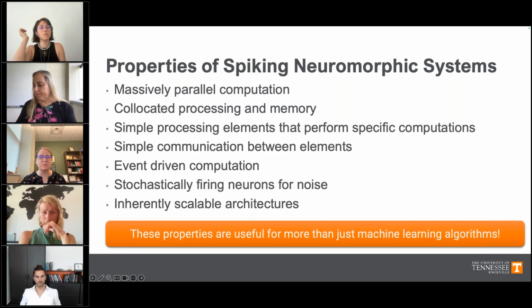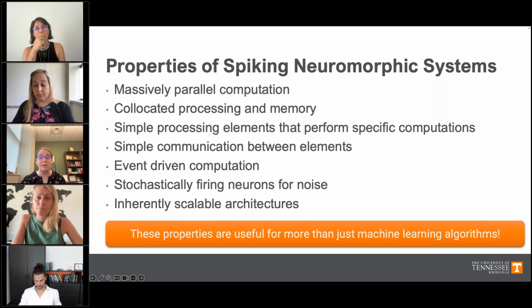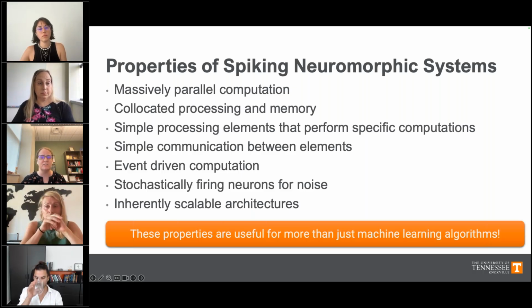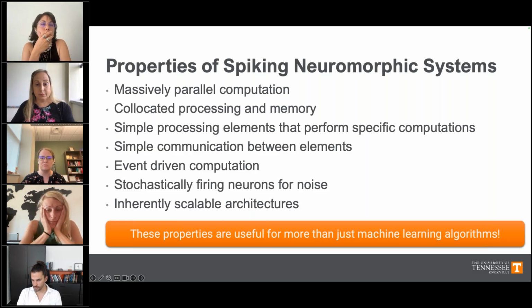This includes things from graph algorithms to optimization problems to even simulating various processes like epidemic modeling, for example. All of these have been demonstrated to perform well on neuromorphic systems. So there's a lot of opportunity to explore using neuromorphic systems as just computers with cool characteristics, beyond just machine learning and neuroscience.